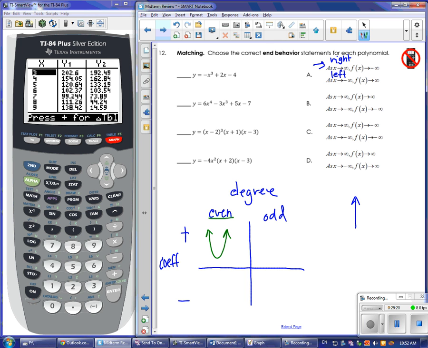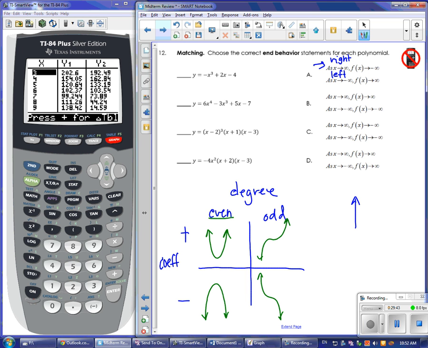If the leading coefficient is negative, then it's going to be reflected vertically, and both ends are going to be pointing down. If it's odd, that means that the ends are going in opposite directions. If my leading coefficient is positive, it's going to be increasing to the right. And if it's negative, it's going to be reflected and decreasing to the right. And this can help you understand end behavior a little bit better.